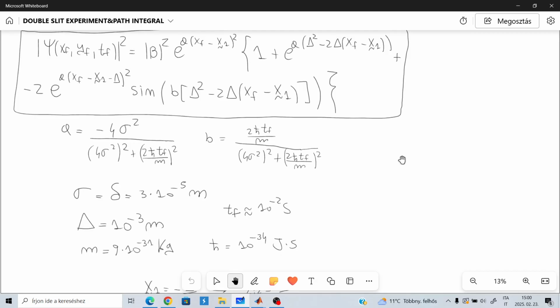So, let me start by describing the choices that we made last time regarding the double slit experiment.